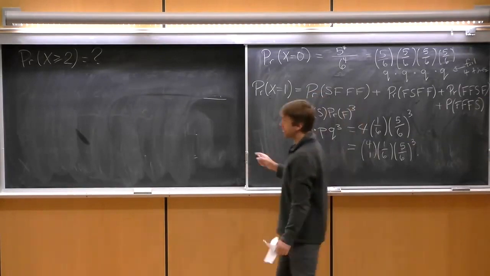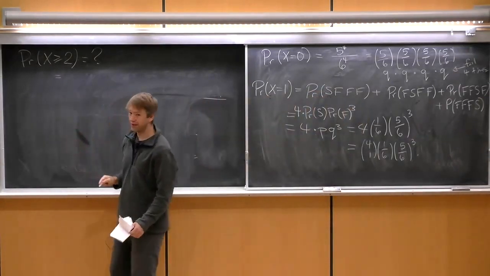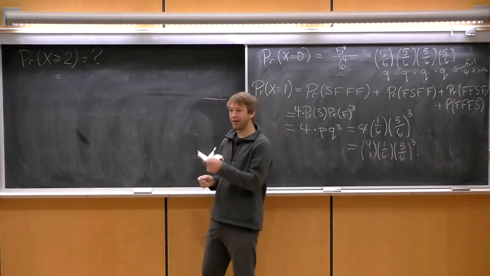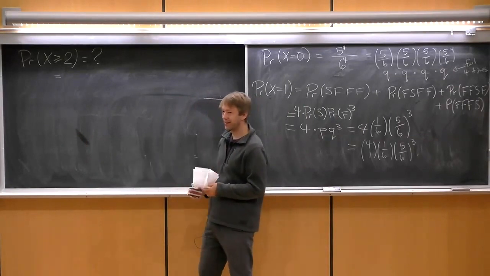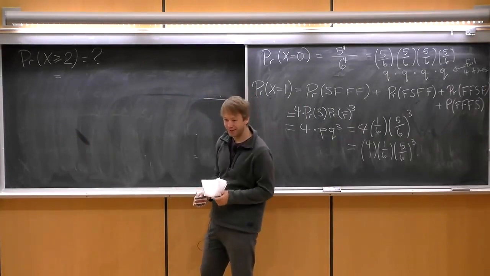So that's going to be really good. If I wanted to get exactly 2, that'll be good, but we want to get at least 2. Yeah, that's going to make your life a lot easier, to use the complement rule.